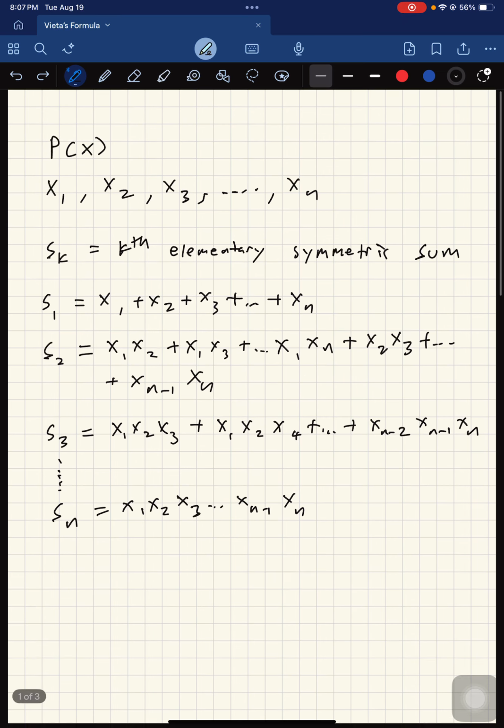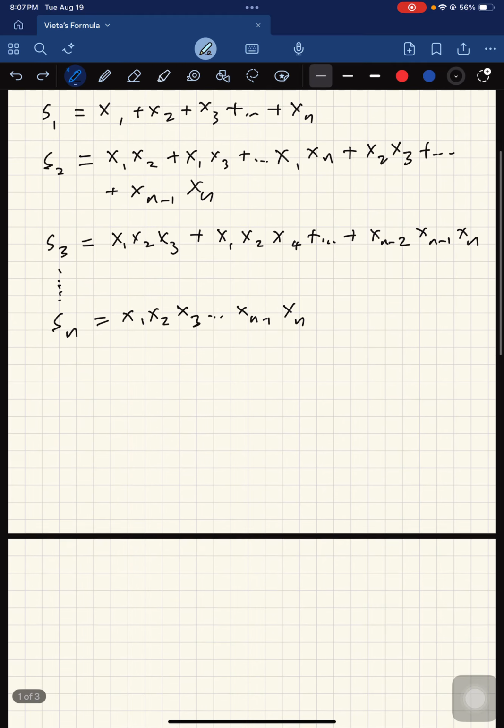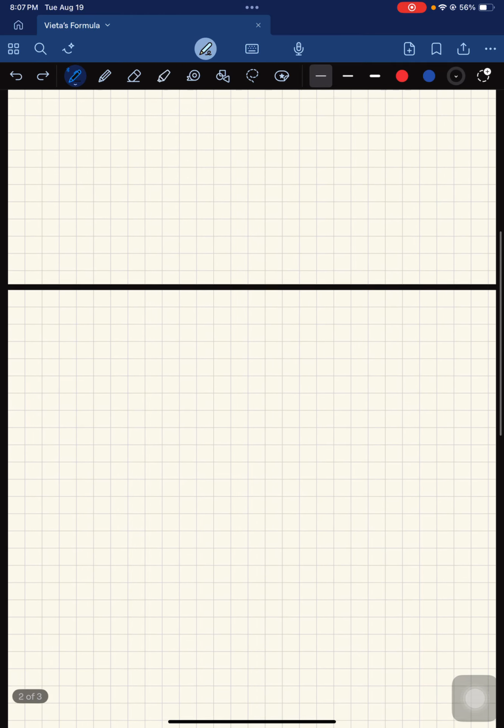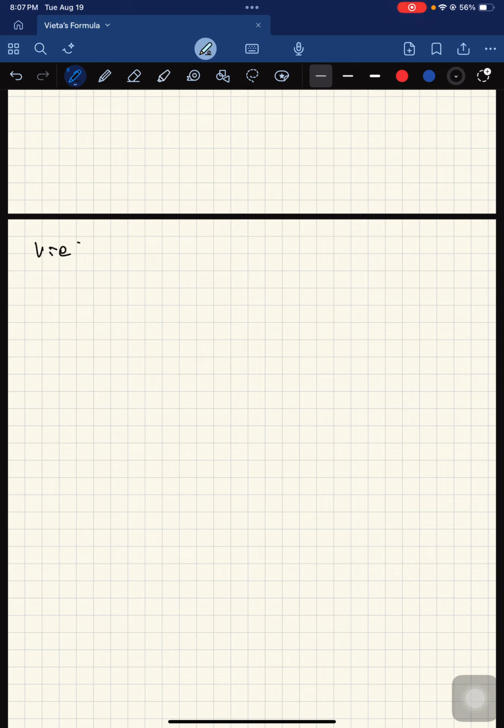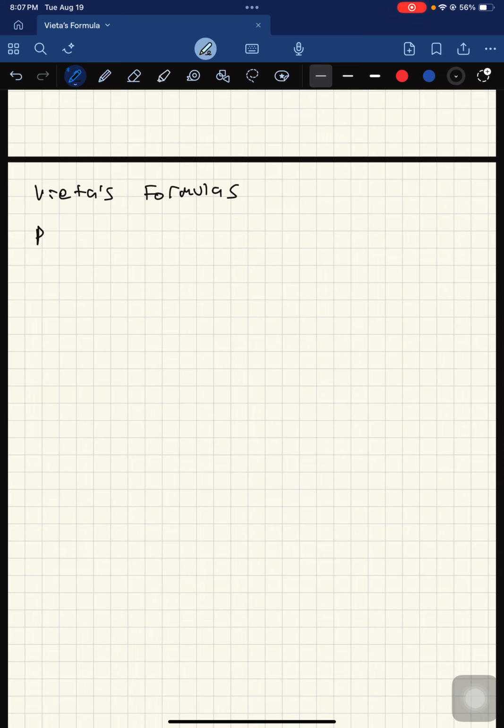So now that we understand what elementary symmetric sums are, what are Vieta's formulas? Let us look at the same polynomial p of x again, and now we can assign some coefficients to the variables.